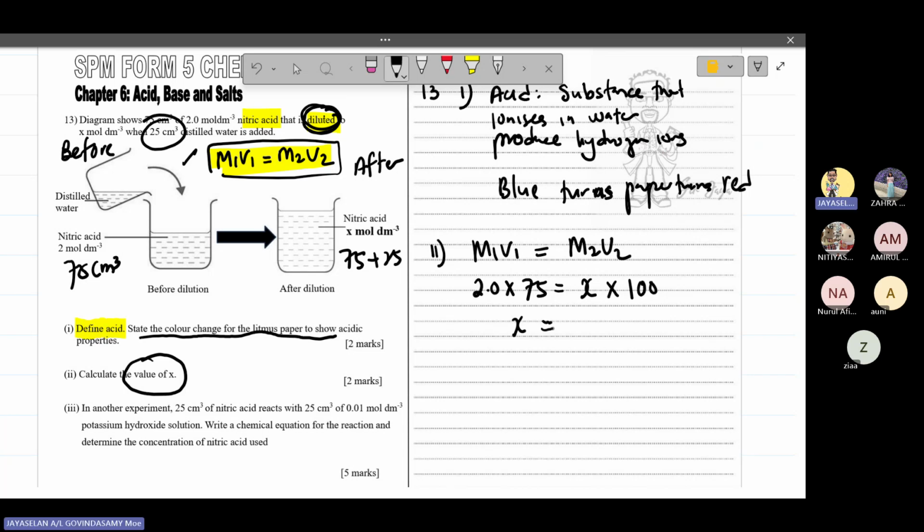Now you find the X value: 2.0 times 75 divided by 100. Use the calculator to find the answer. It should be 1.5. What is the unit? The unit is given, so your unit is mol dm⁻³. Any question?